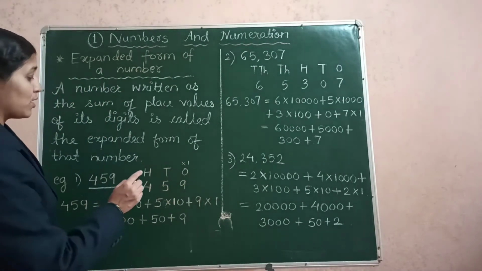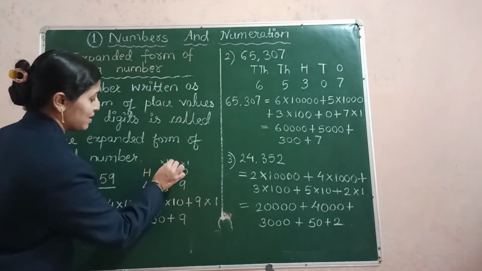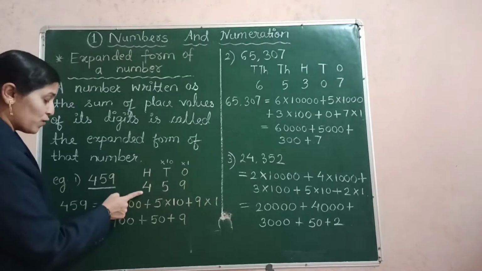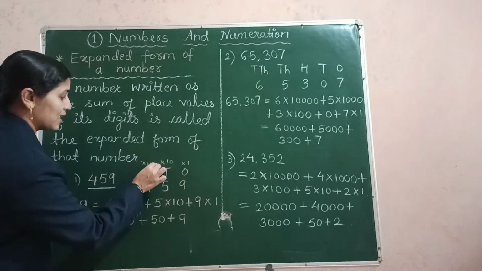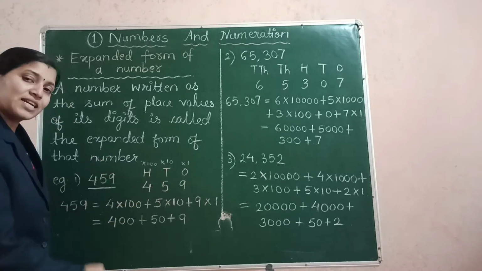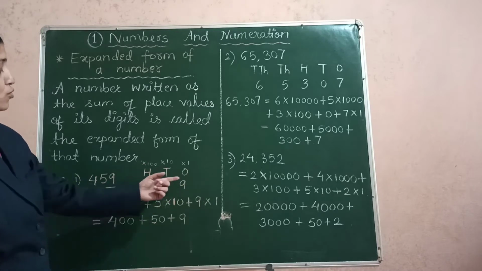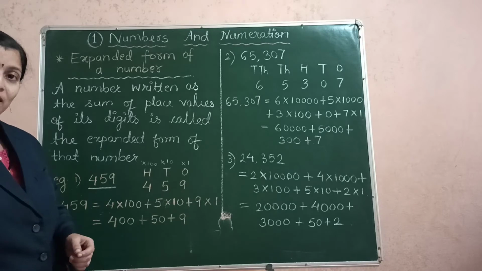If we are to find out the place value of 5, we will multiply it by 10 because it is in tens place. Similarly, if we want to find out the place value of 4, we will multiply it with 100 because it is in hundreds place. And when we add the place values of all these three digits, it is called as the expanded form.